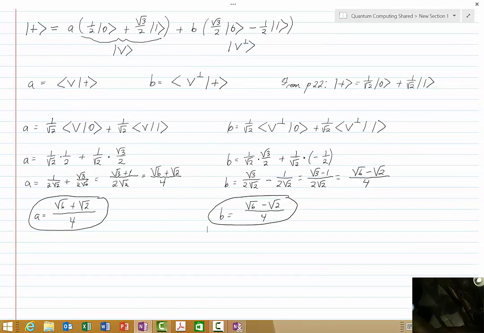So now the probability of measurement outcome, we'll look at the first one, 1/2 times the 0 ket plus square root of 3 over 2 times the 1 ket.